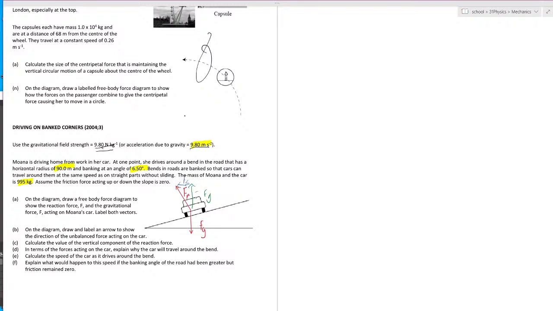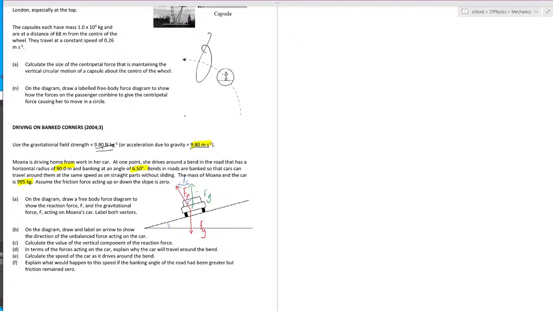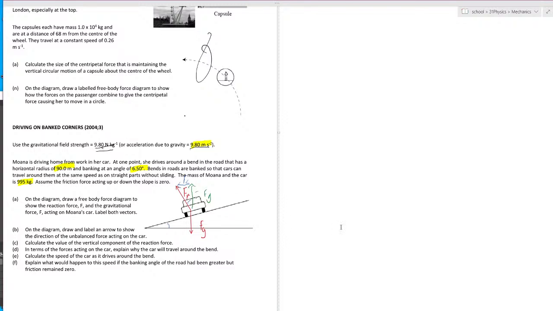So this reactive force is going to be equivalent to the trigonometric product of the force of gravity and the centripetal force. Okay, so we've got some stuff going on there.